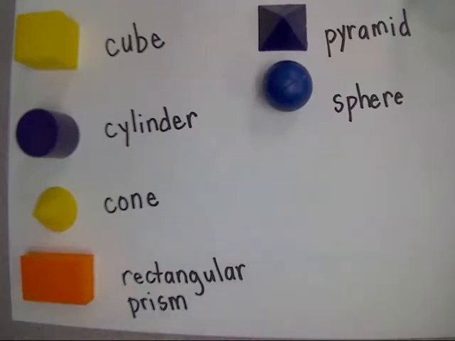And at home, you should have a cube, a cylinder, a cone, and a rectangular prism. So we're going to have fun with these this week. Great job!